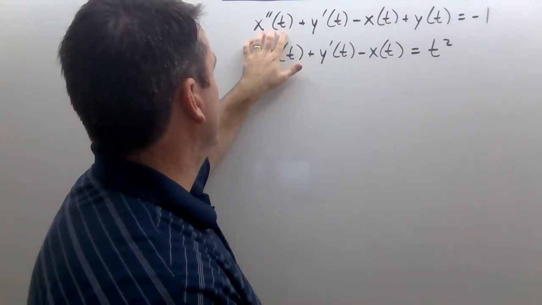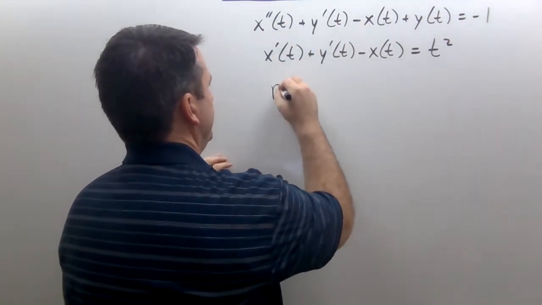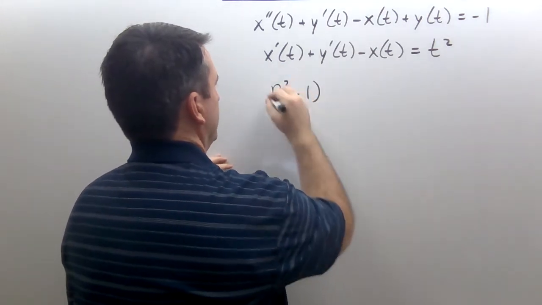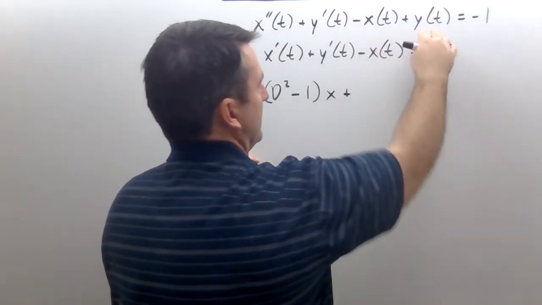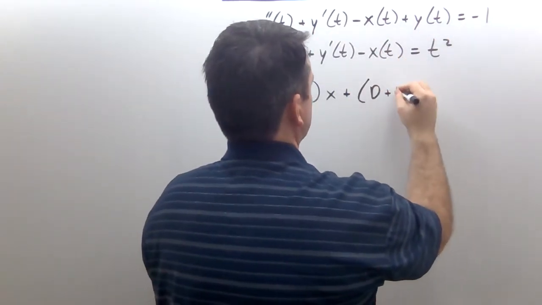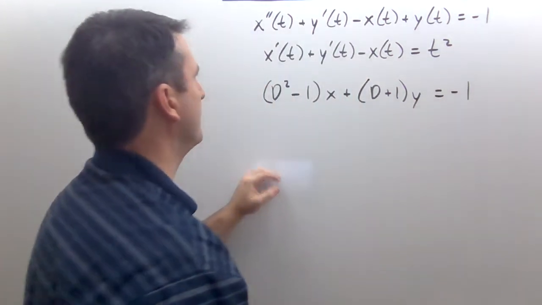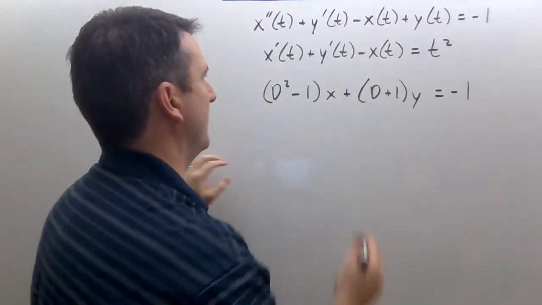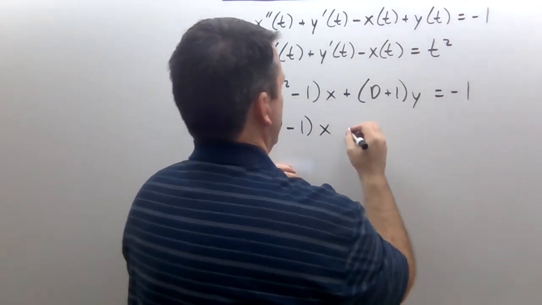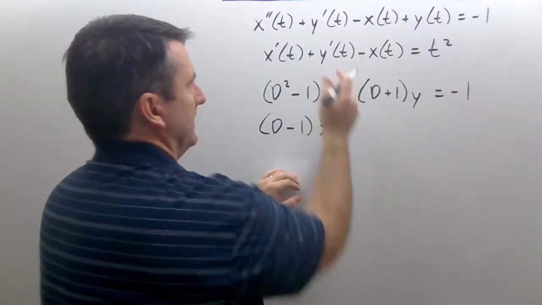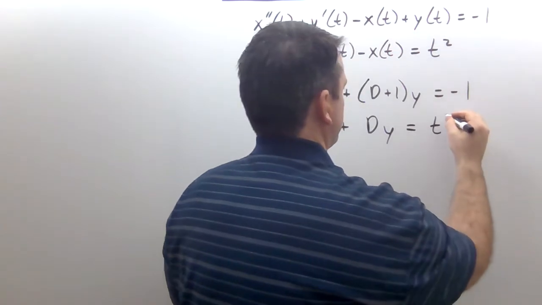So we've got the second derivative of x minus x, so that's going to be D squared minus 1 times x, plus the first derivative of y plus y, so that's D plus 1 times y is equal to -1. And then here we have the first derivative of x minus x, so that's D minus 1 times x plus just Dy, and that's equal to t squared.